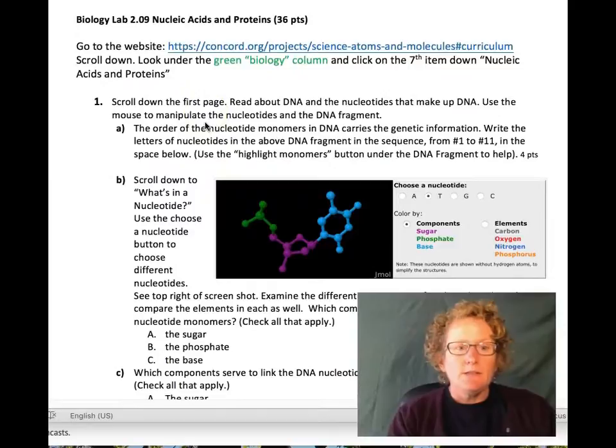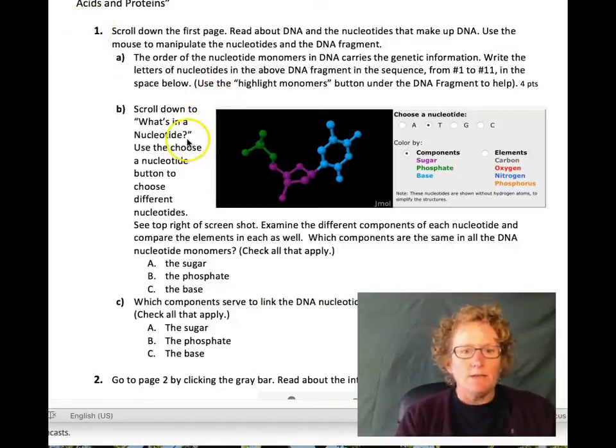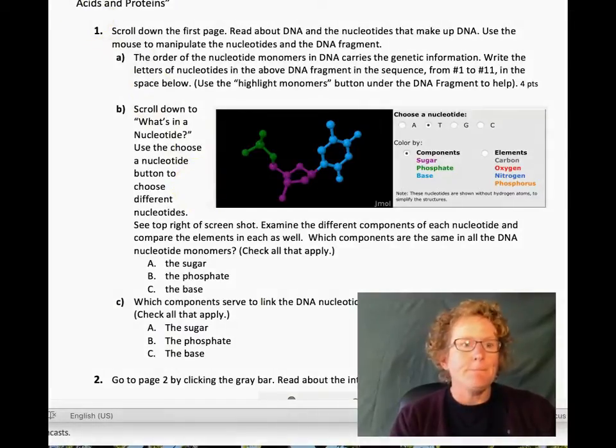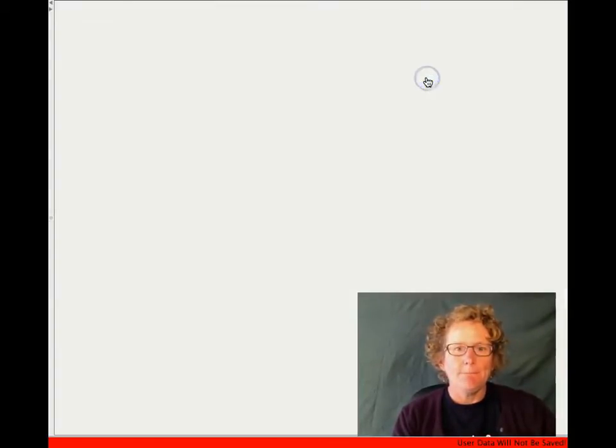Let's start with the first page, just like the last lab. Question 1 is going to line up with page 1. We're going to take a look at some nucleotides and talk about DNA. So here's what it should look like when you launch, and we'll go to page 1.